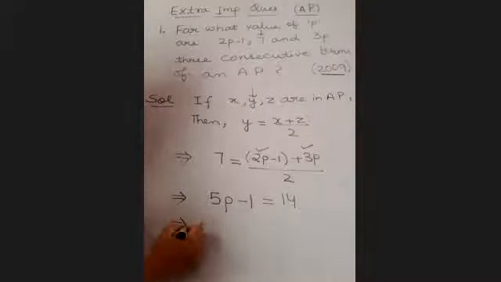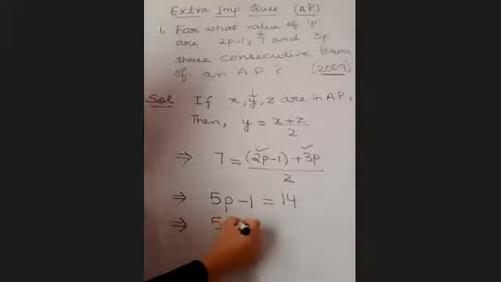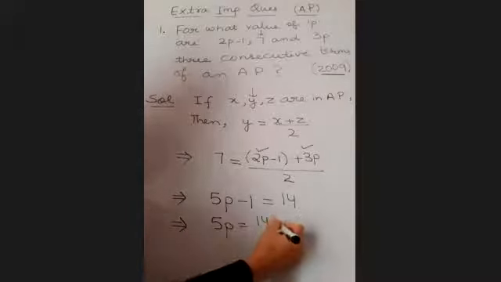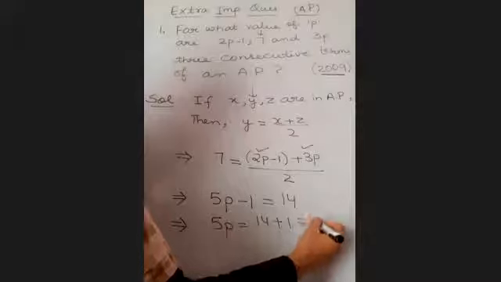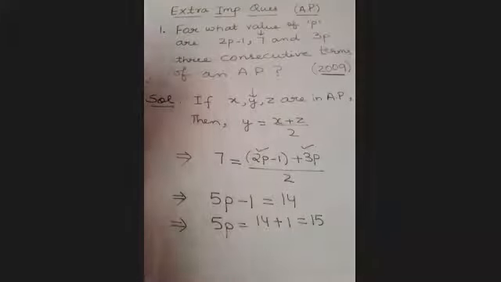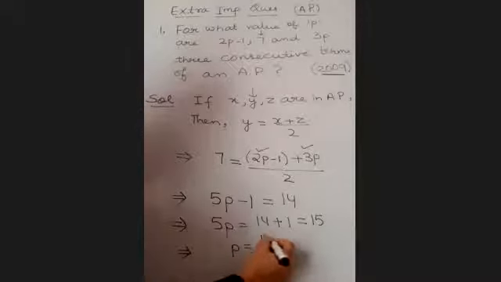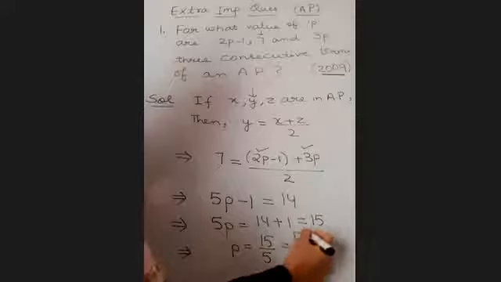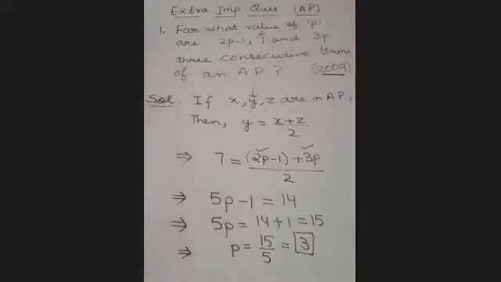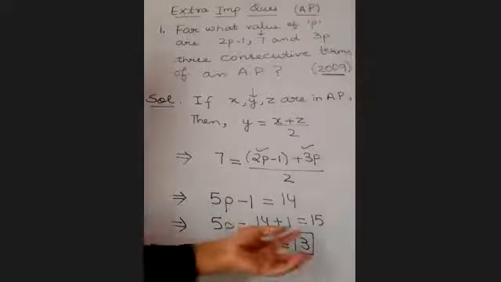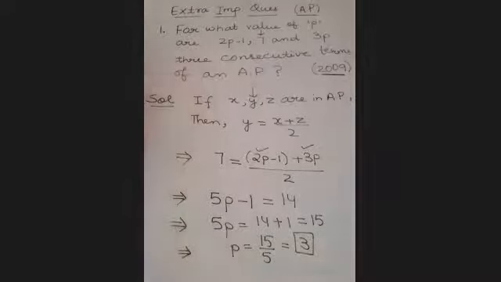So this gives us 5P is equal to 14 plus 1, which is 15. And thus P is equal to 15 divided by 5, which is 3. Clear?